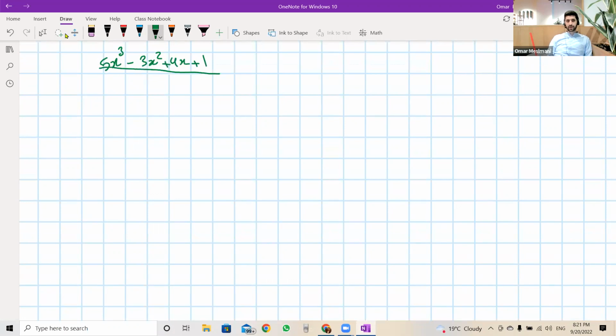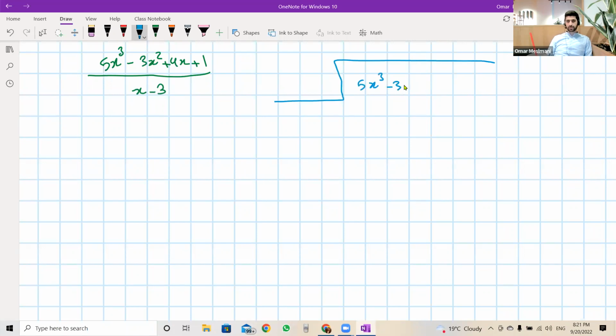And I want to divide it over x minus 3. Okay, how should I do it? First of all, you use a long division and say it's going to be 5x cubed minus 3x squared plus 4x plus 1, divided by x minus 3.